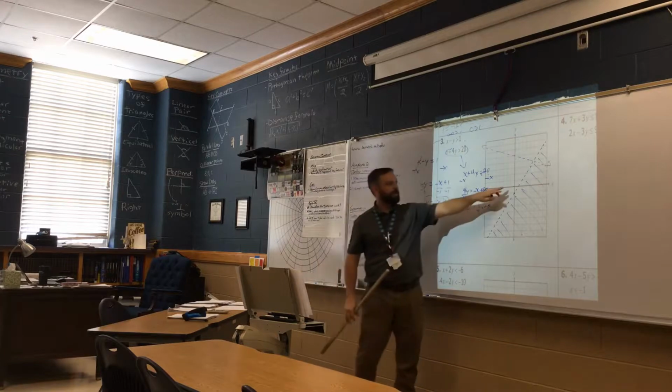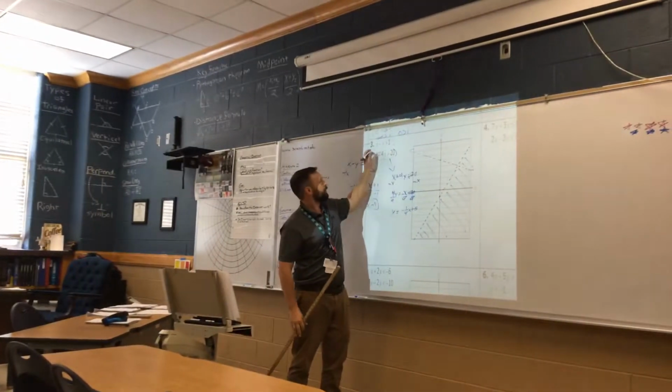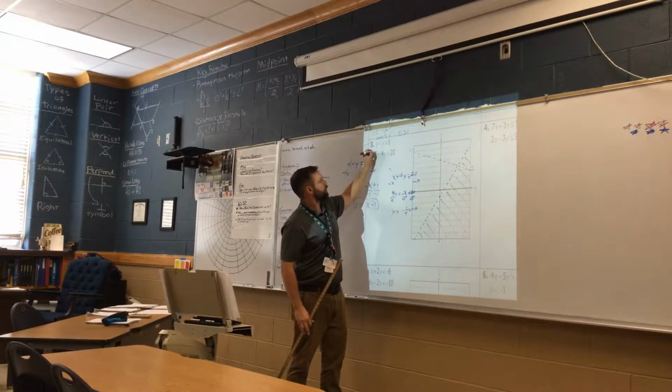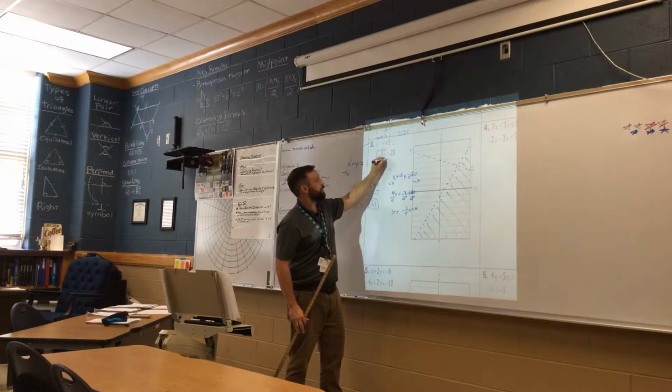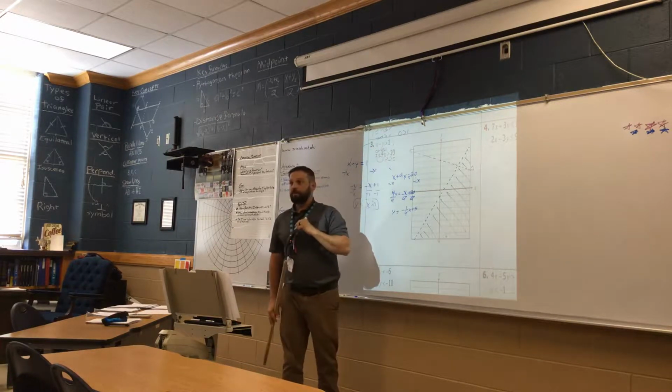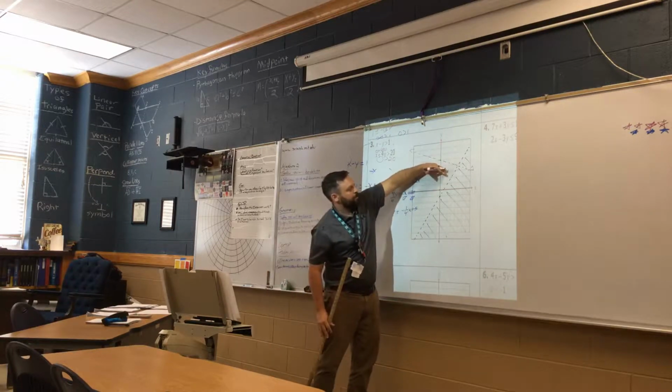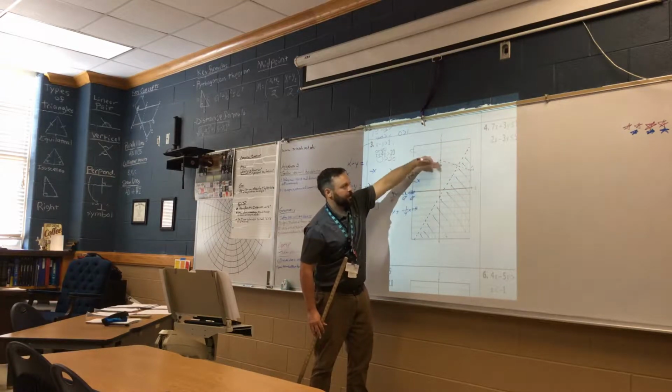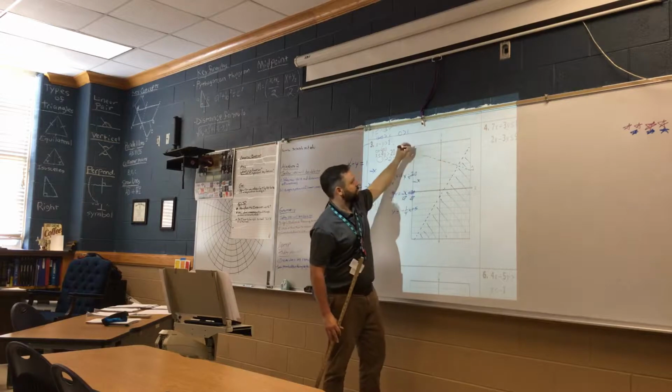So we'll pick that test point 0, 0 again. That all gives me 0. Is 0 greater than 20? No. So I'm not going to shade on this side of that dashed line. I'm going to shade on the upper side. So it's going to shade this way.